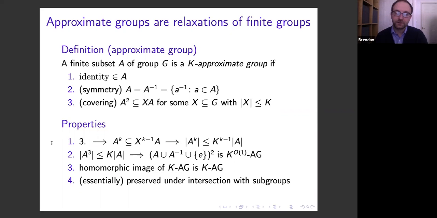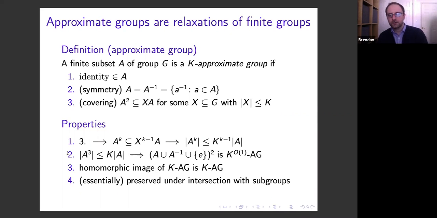And conversely, if we have a finite subset of a group, and we know that if we take threefold products, the set of products of 3 elements of A, isn't much larger than the original set, then we can form an approximate group by making sure that we have the identity and inverses, and then if you square this set, that gives you an approximate group with a bit of loss in this parameter k.